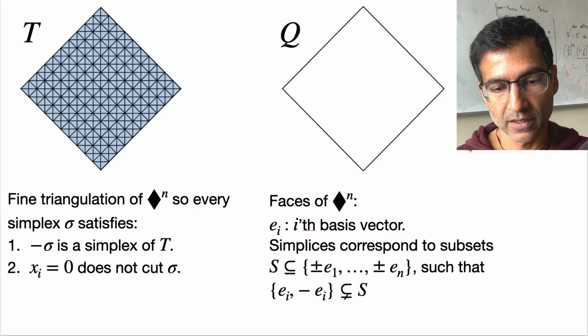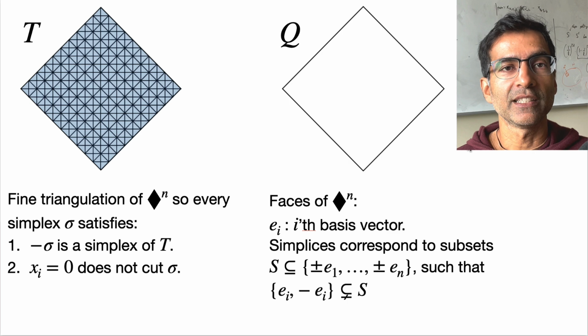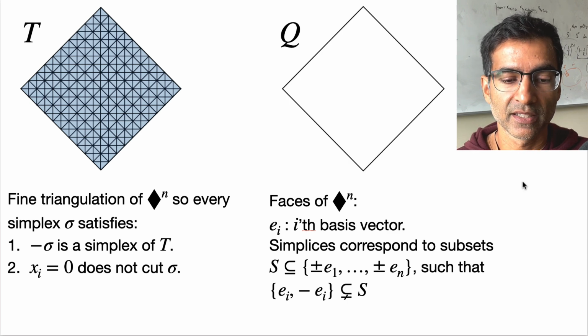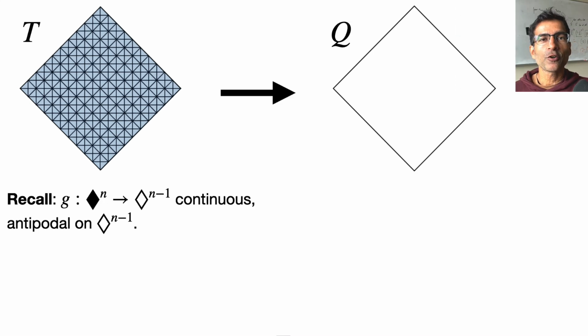So these are two different simplicial complexes. Now we're going to use g to find a simplicial map from T to Q that's also antipodal on the boundary.